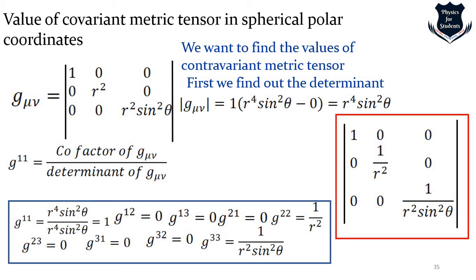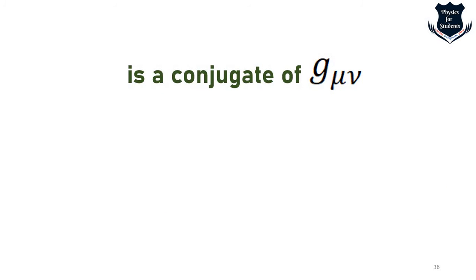So what we can take as a conclusion from here is this, right? What we can tell right now is that the contravariant metric tensor is a conjugate of the covariant metric tensor, right?